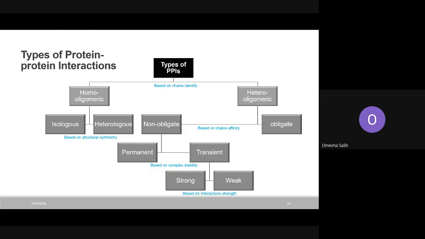Are they stable? Different factors take part in defining the stability. Or the interaction itself, is it strong or weak? And each one has its own definition.